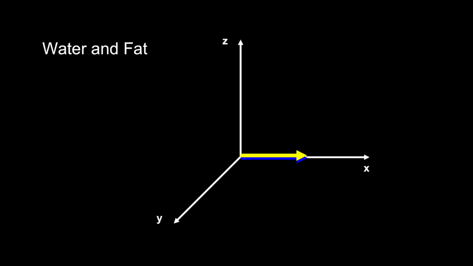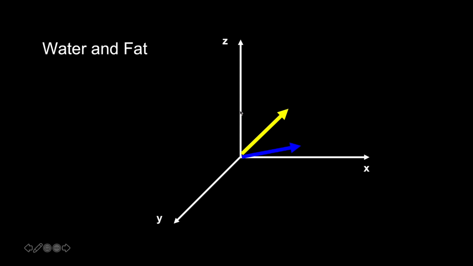Water has a very long T1 relaxation time, so it likes to stay closer to the xy plane for a long period of time. Fat, on the other hand, has a short T1 relaxation time, so it recovers towards the z-axis pretty quickly. Fat now, after some time, has a much larger component than the water in the z-axis.